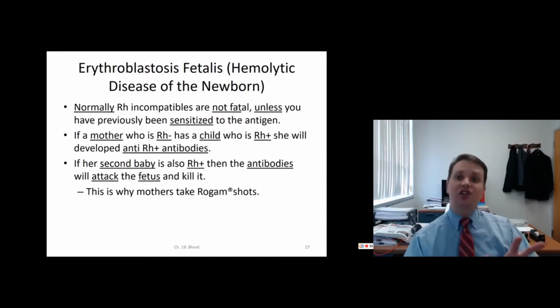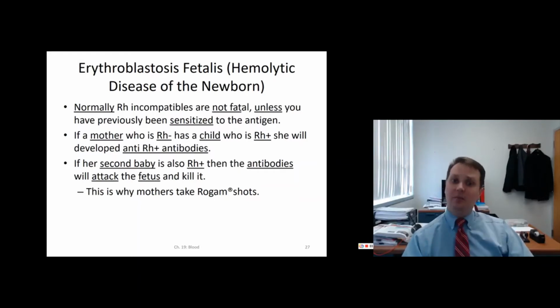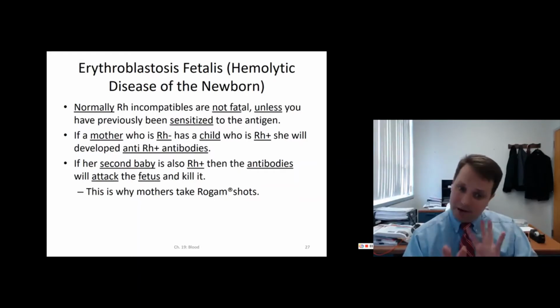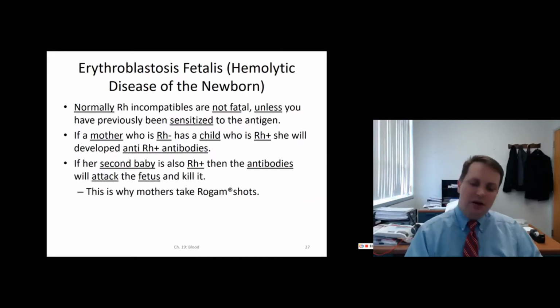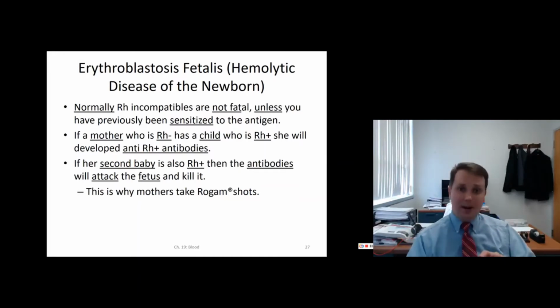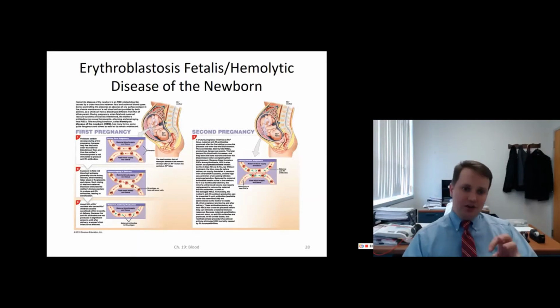It's called hemolytic disease of the newborn, or erythroblastosis fetalis. I do have a question on erythroblastosis fetalis on my exam. I'm not going to tell you exactly what it is about, but it is on the test about this mechanism. So make sure you study it. Now, as you can see, when mama gives birth and placental hemorrhaging happens, this starts to cause the blood to mix.